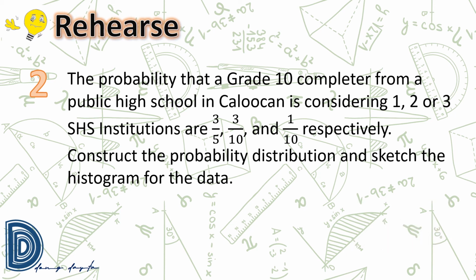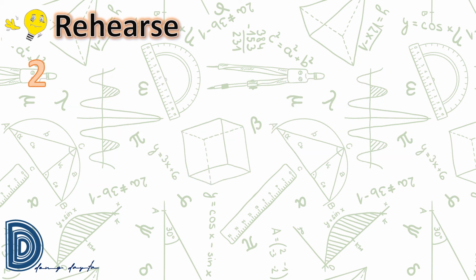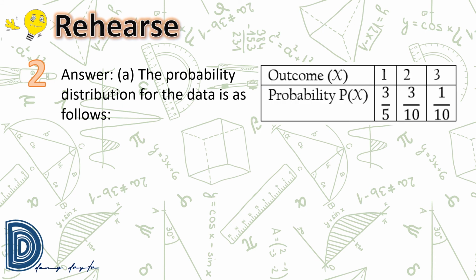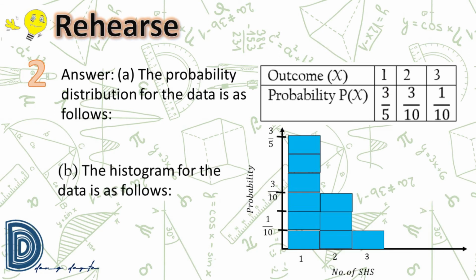Time is up. Let us see the answers. The probability distribution for the data is as follows. The values that x assumes are 1, 2, and 3, and their corresponding probabilities are 3/5, 3/10, 1/10. The histogram for the data is as follows.